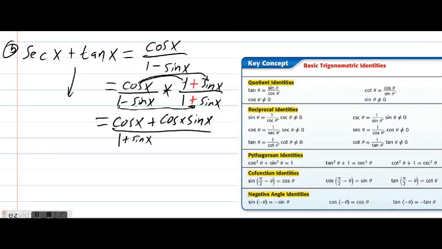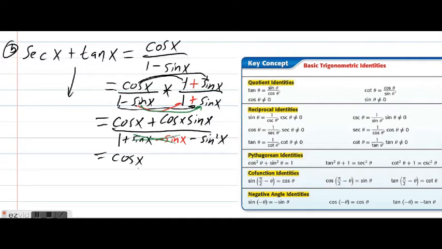Now I have negative sine of x times 1. And you'll notice what's happening with these two things. These two things will cancel each other out. And then I still have sine of x times sine of x. So minus sine squared of x. It's looking like a big old mess up here, but let's clean it up.